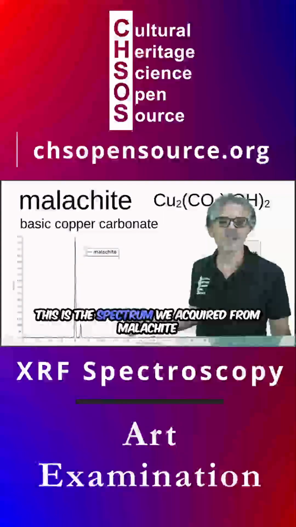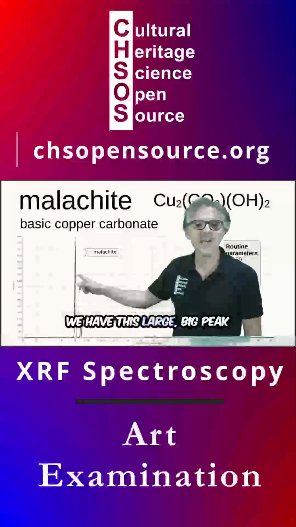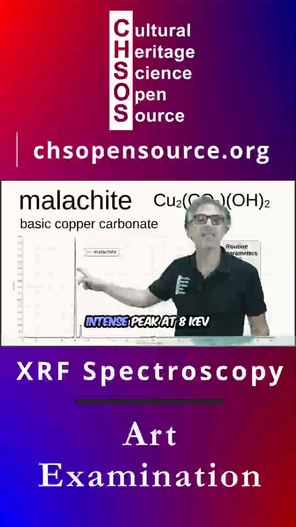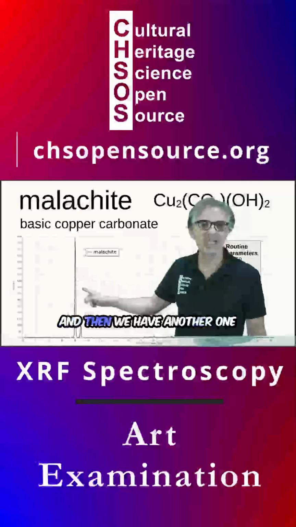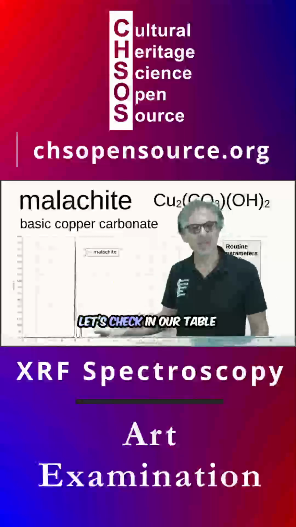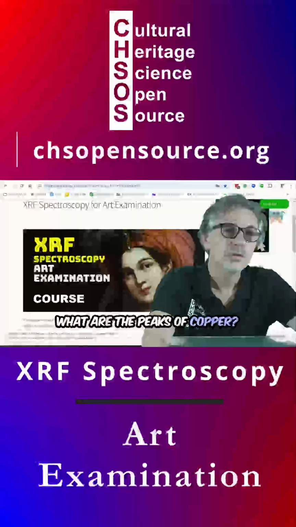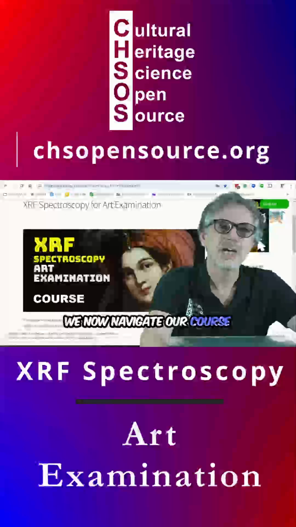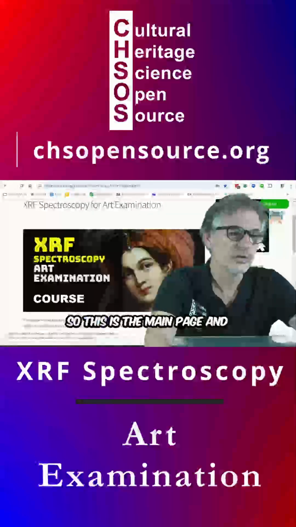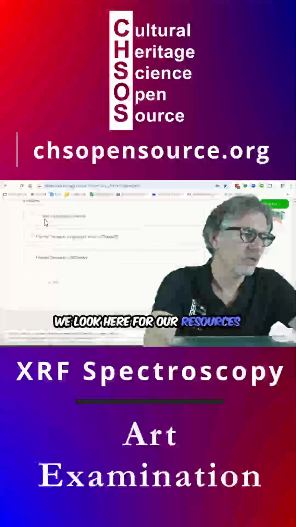This is the spectrum we acquired from malachite. We have this large, intense peak at 8 keV, and then another smaller one over here. Let's check in our table what the peaks of copper are. We navigate our online course, this is the main page, and we look here for our resources.